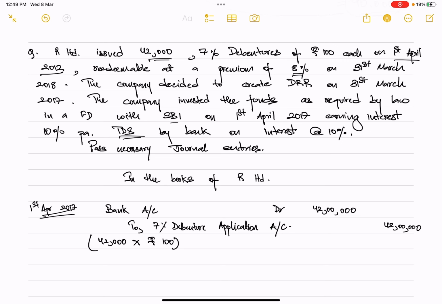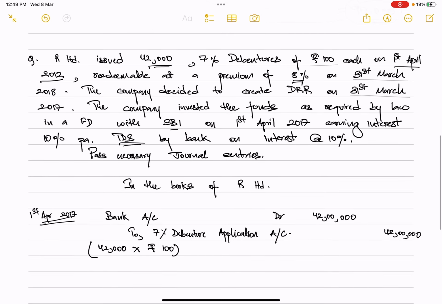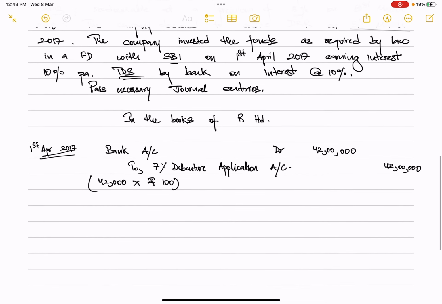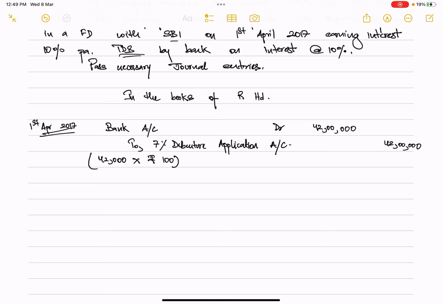Correct? Now, the next thing we need to do is transfer this application money to our debenture account. So that entry is going to look like this: 7% debenture application account debited to 7% debenture account.